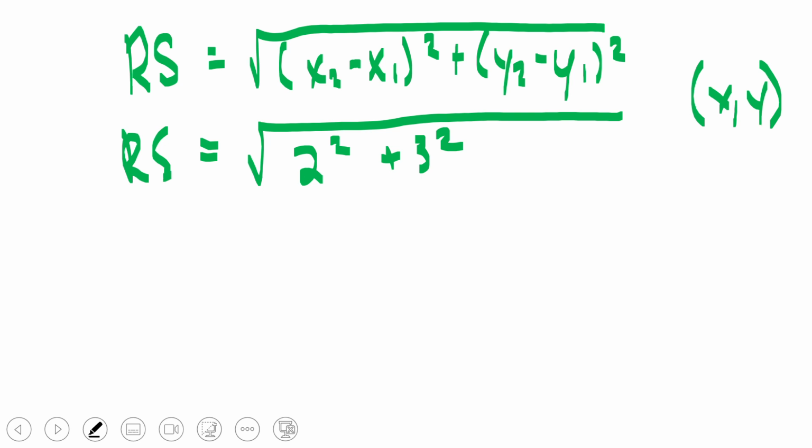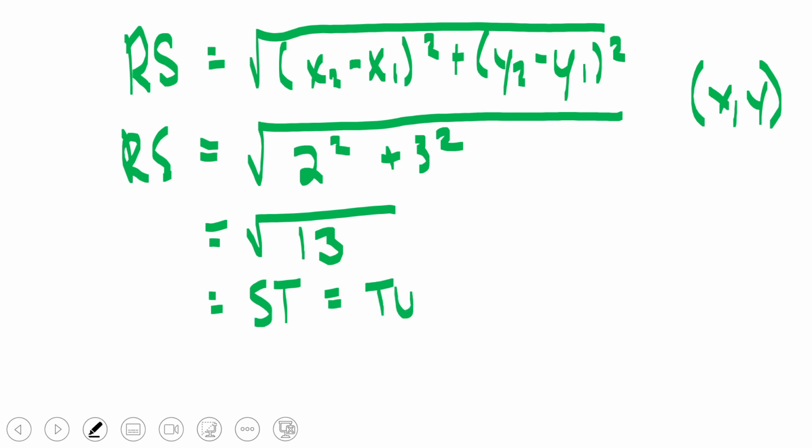For line RS, okay, that all equals the root of 13, which is also going to be equal to line ST, which is also going to be equal to line TU, which is also going to be equal to line UR.